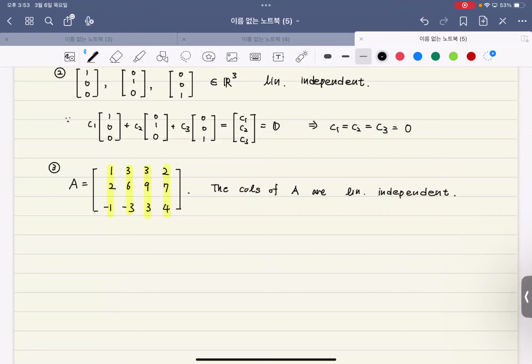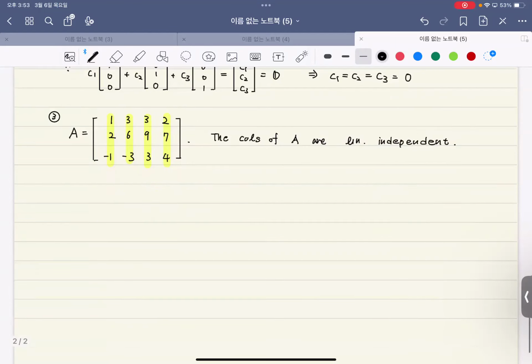So if any matrix is given, how can you determine whether the columns of the matrix are linearly dependent or independent? That is actually a very non-trivial question. So I will try to answer the question from now on.